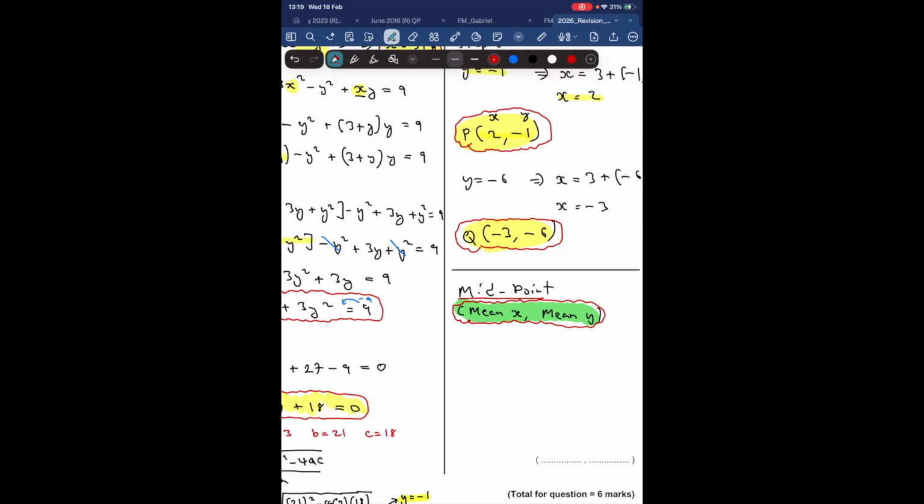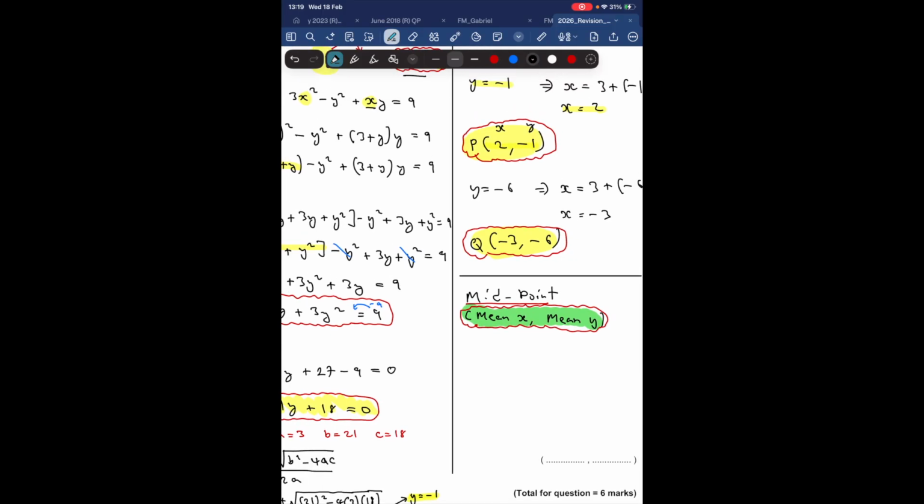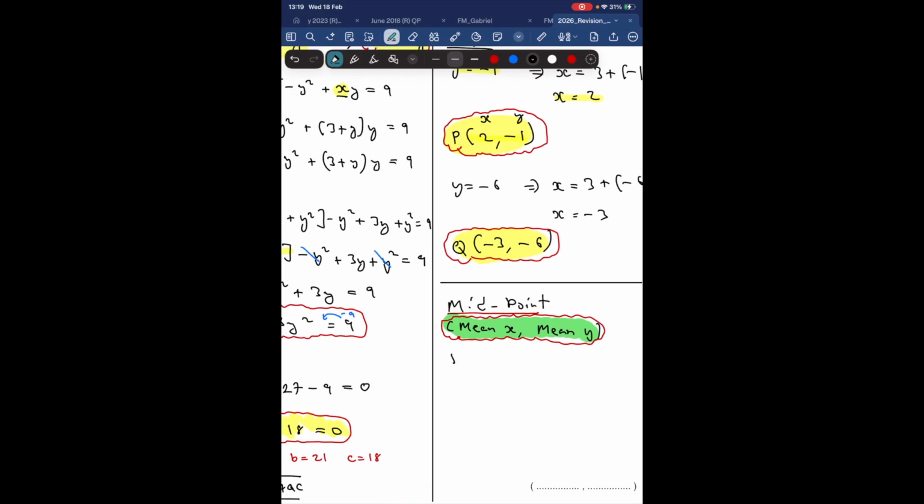Now, because we've got two values, the way to work out the mean of two values is we add them up and we divide by 2. So what I'm just going to do is write the two coordinates here. P is 2, -1, Q is -3, -6.